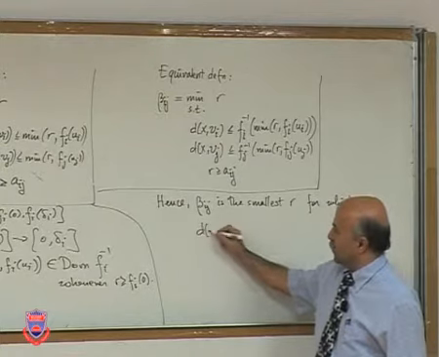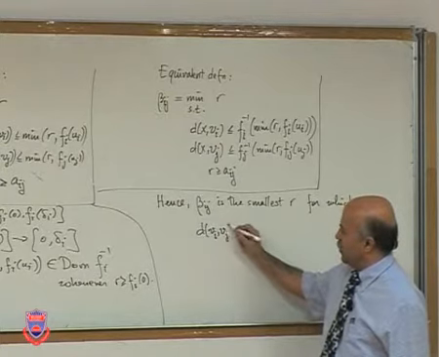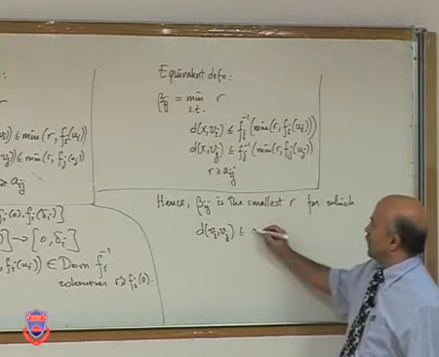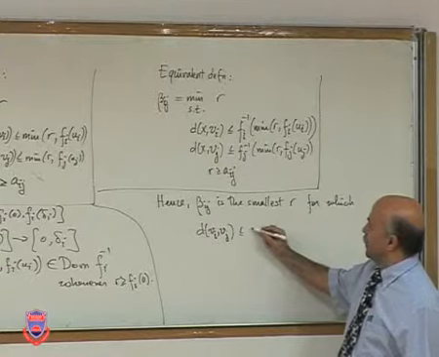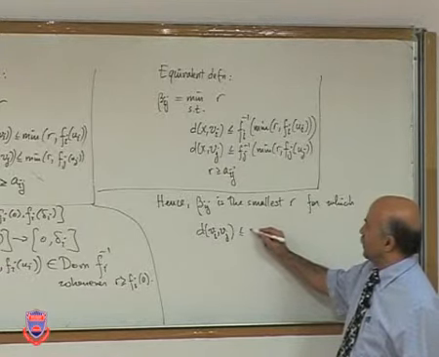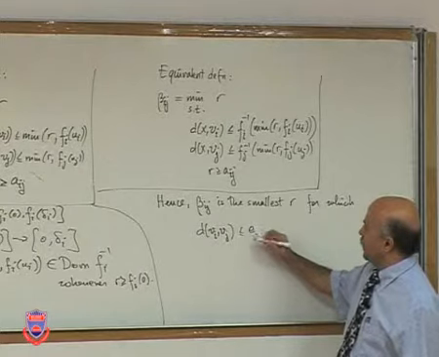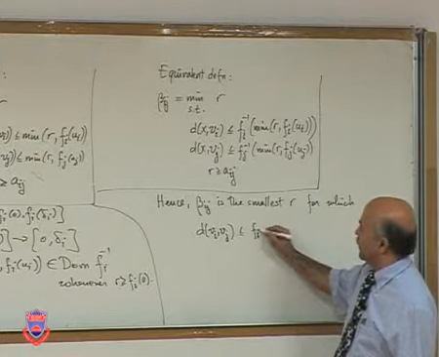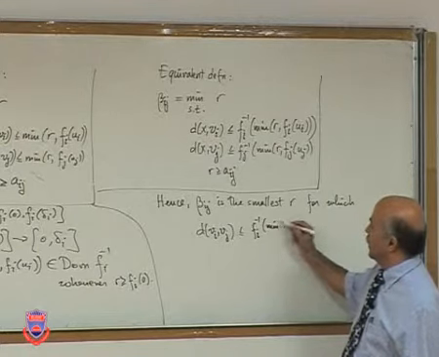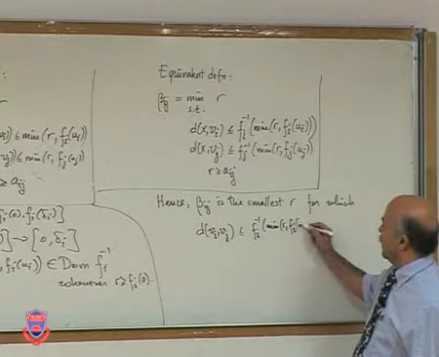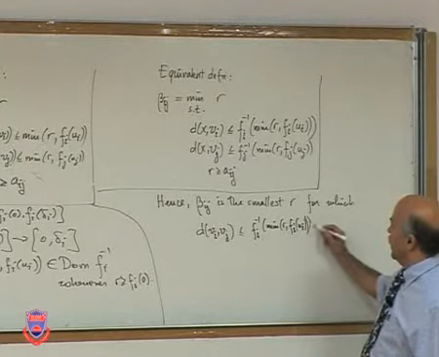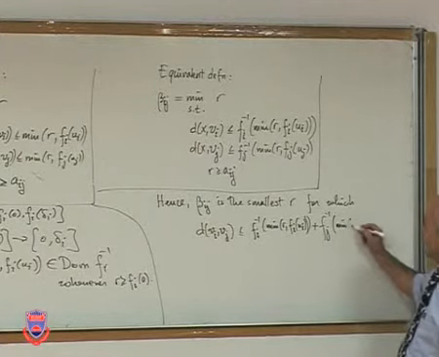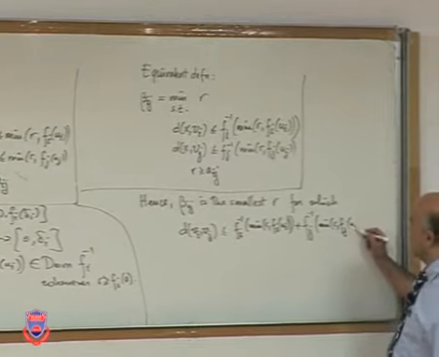The distance between vi and vj must be less than or equal to the sum of the upper bounds. Okay? Let's just write plus fj inverse of minimum of R fj uj.